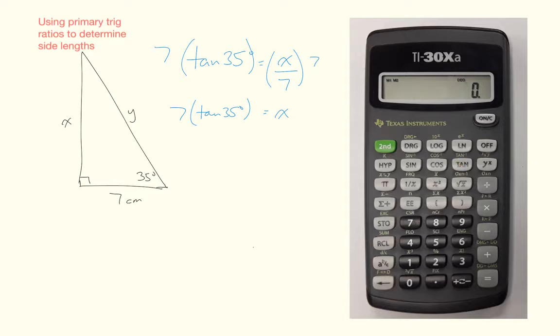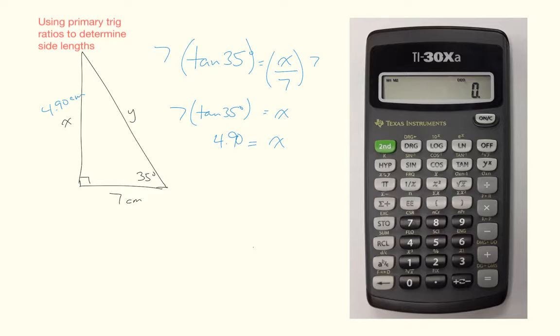It should be showing 0.700, and then I would multiply that by the 7. So times 7 and hit equals, and I get that x is about 4.90 centimeters.